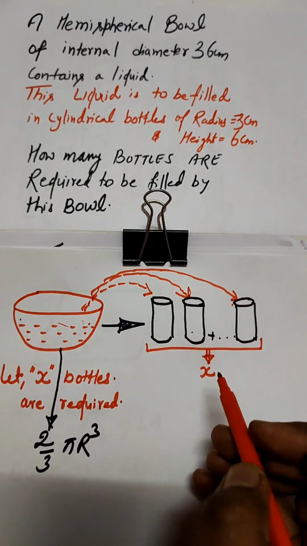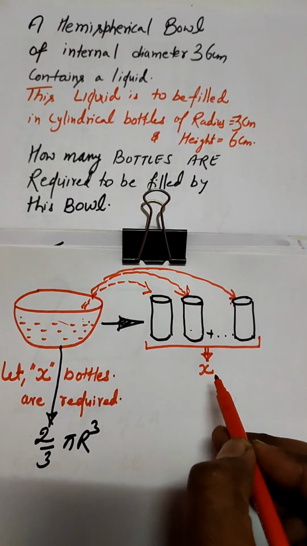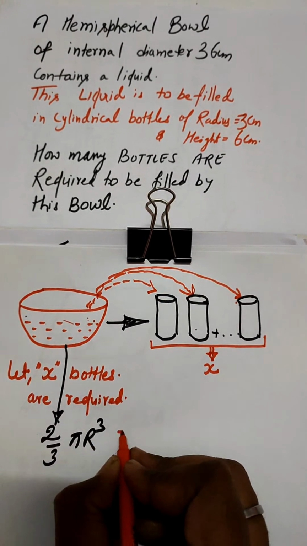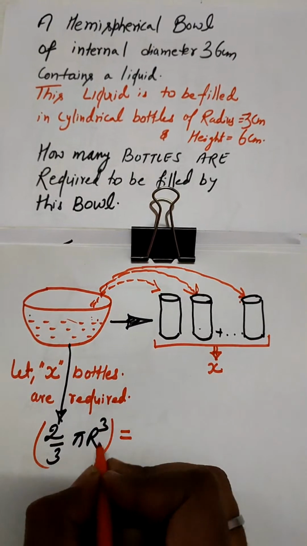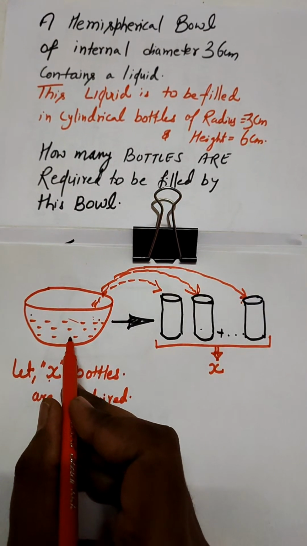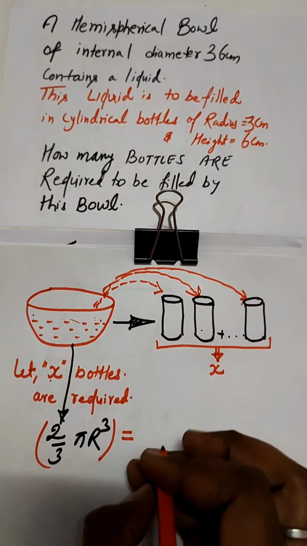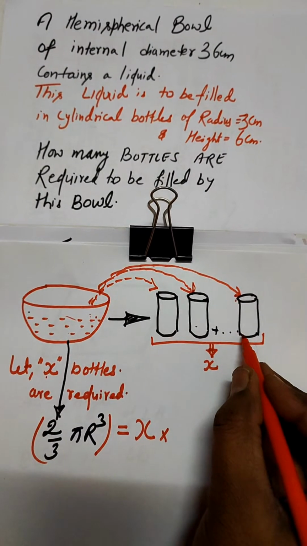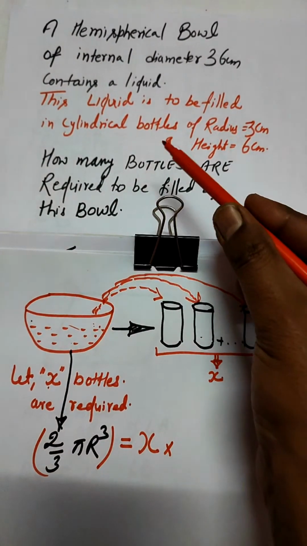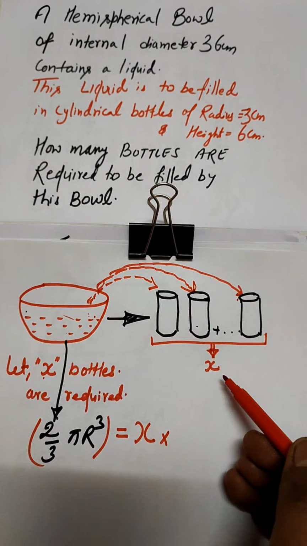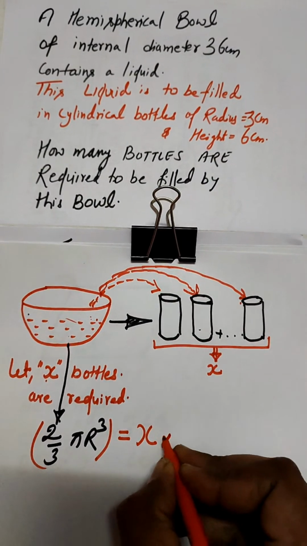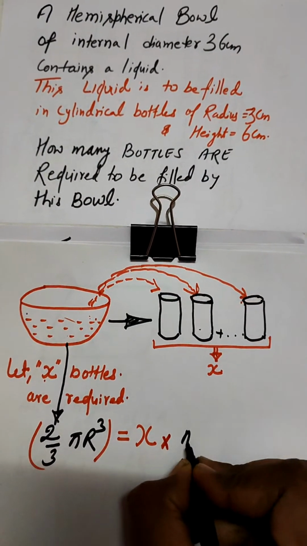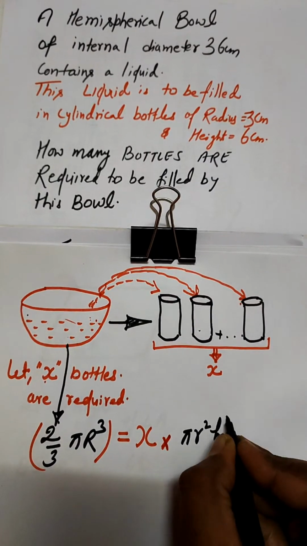In this way, suppose we consume x such cylinders, right? So we can say that 2 by 3 pi r cube, the volume of the liquid inside this bowl, will be equal to x times, where x is the number of cylindrical bottles, the volume of this cylinder, that is pi r square h.